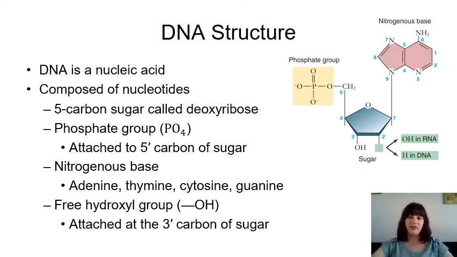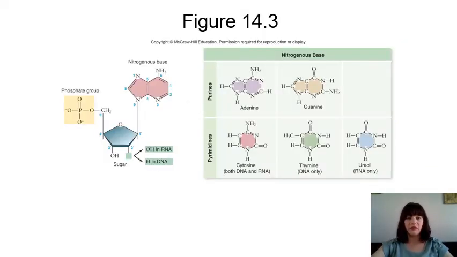Those are representing the nitrogenous base, because everything else in this strand is going to stay consistent no matter what nucleotide you're looking at, except for this nitrogenous base. You can see that adenine and guanine have somewhat different structures than cytosine, thymine, and uracil. They're called purines.